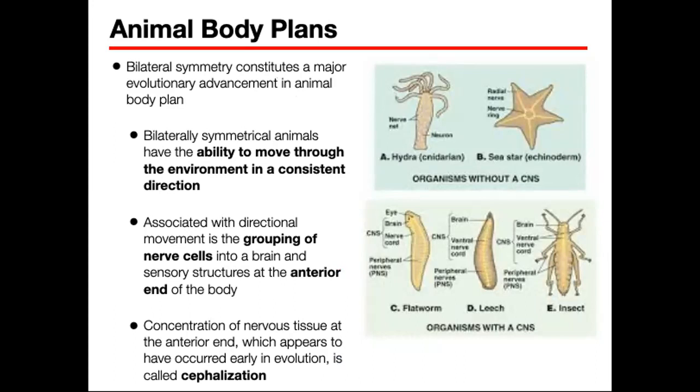And this information is processed and it will also command the appendages or other parts of the organisms to function. Okay, so cephalization is often considered a consequence of the development of bilateral symmetry.